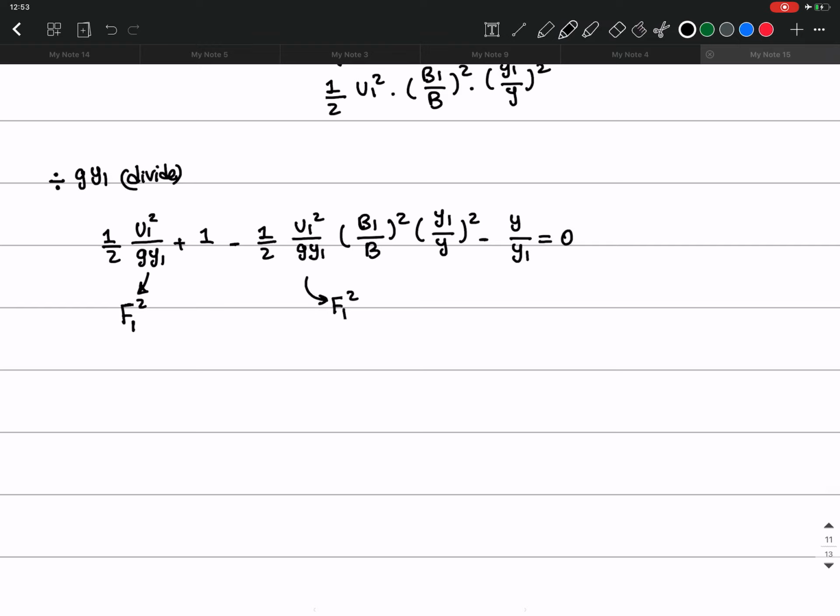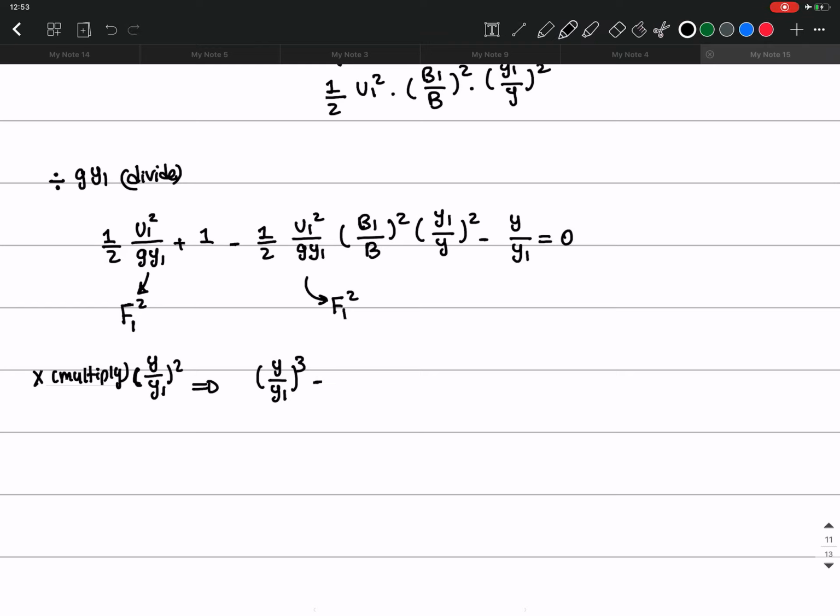So now I multiply everything, the left hand side and right hand side, by y over y1 squared, and this is what I'm going to get. And then I just rearrange the terms. I am going to get y over y1 cubed, so this is this term.